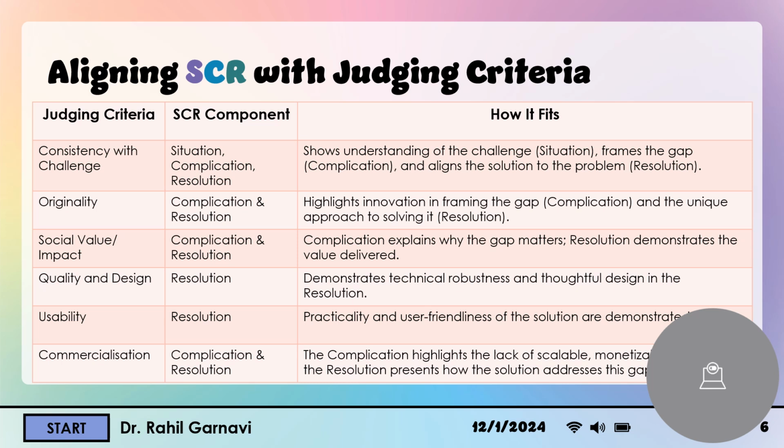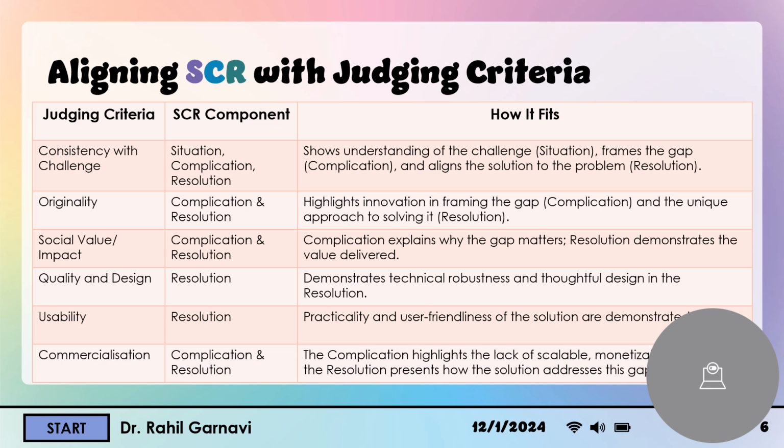Next, the complication does several things. It highlights originality by identifying a unique gap or unmet need that current solutions fail to address. It explains why addressing this gap matters, connecting it to social value and impact.